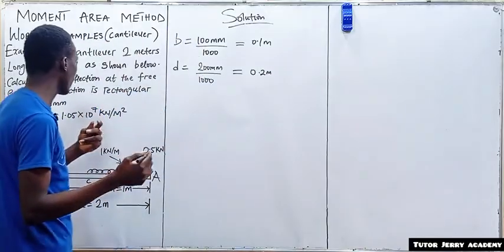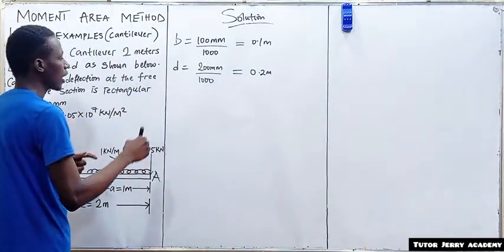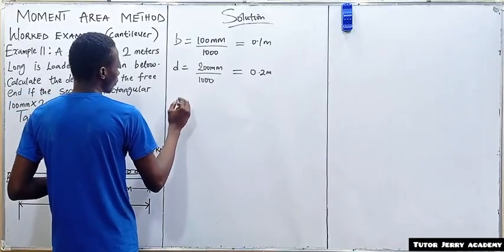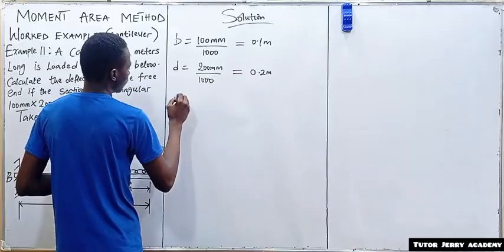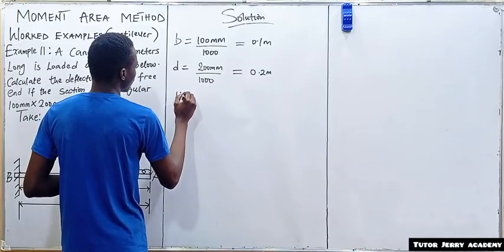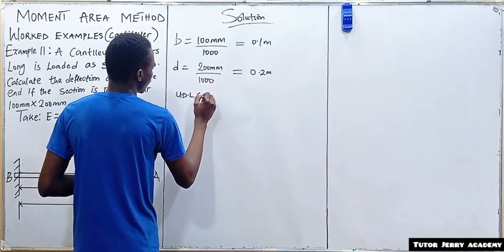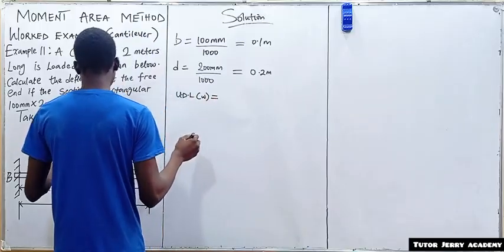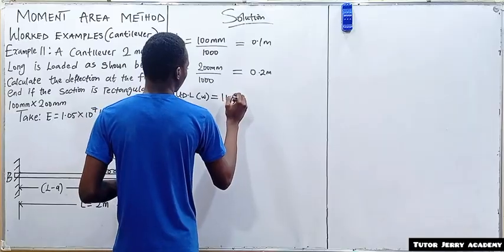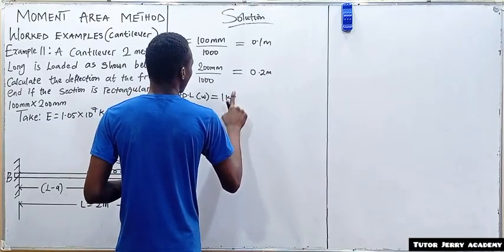Now we can find our moment of inertia. But before we do that, we also know that the UDL, which is w, is equal to 1 kilonewton per meter.